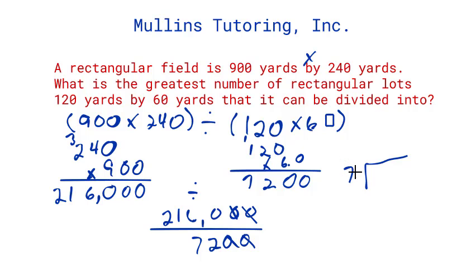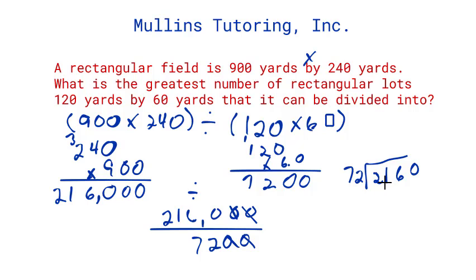So I have 72 into 2,160. So I'm going to use front-end estimation. Front-end estimation is where I just look at that first digit, the 7, and the first 2 under the division sign. 7 can go into 21 3 times.